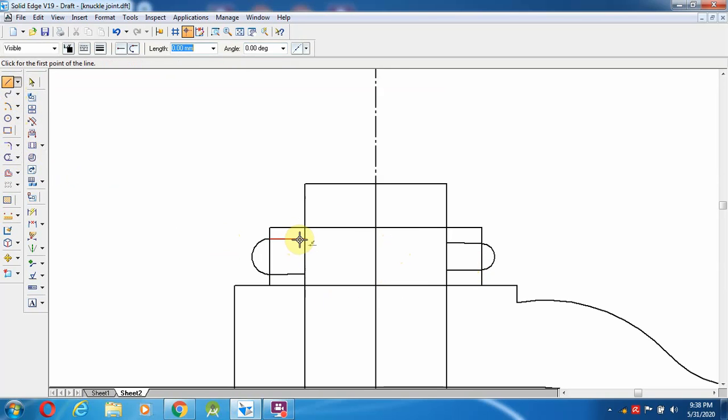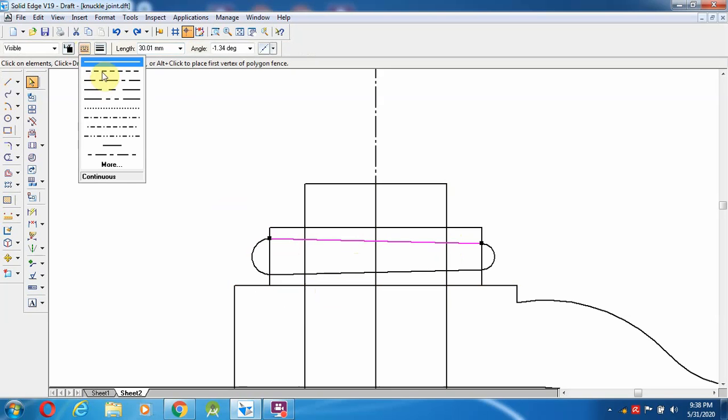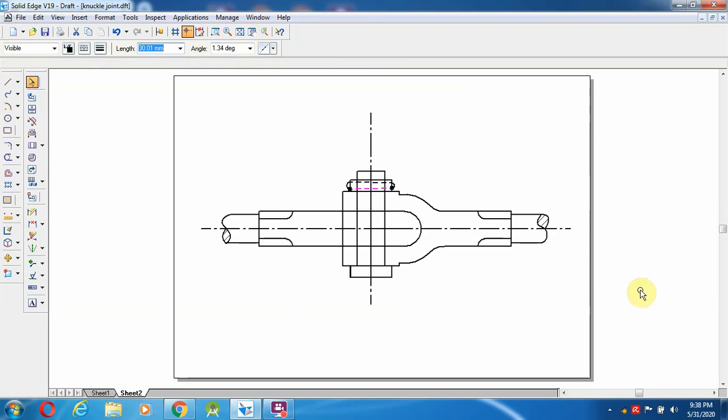So those lines I'm going to convert as invisible lines. So even in the quarter also it comes behind the quarter, so middle of the quarter, so we can convert this entire line as a dotted line. So here also it is the dotted line, and give fit.